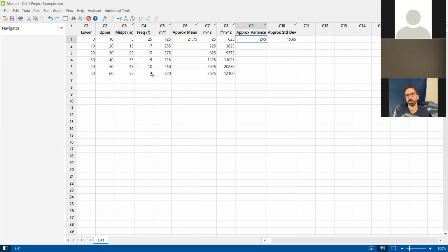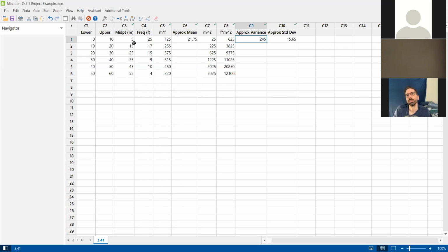Now, here are the frequencies. We know that there are 25 of these packages that have been around from 0 up to 10 weeks, and they had different numbers of weeks that they were there. But since we don't have that data, we're making this broad assumption that every single one of these 25 packages has been around for 5 weeks.